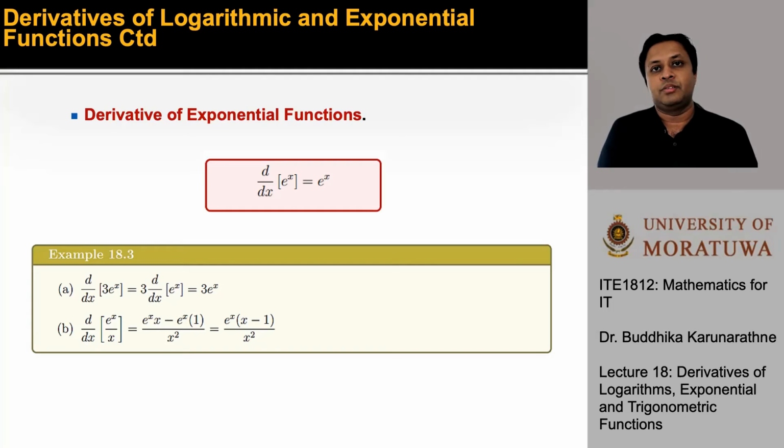When you apply the quotient rule, you get e to the power x times (x minus 1) over x squared. So the new concept that we introduce here is the derivative defined for the exponential function e to the power x.